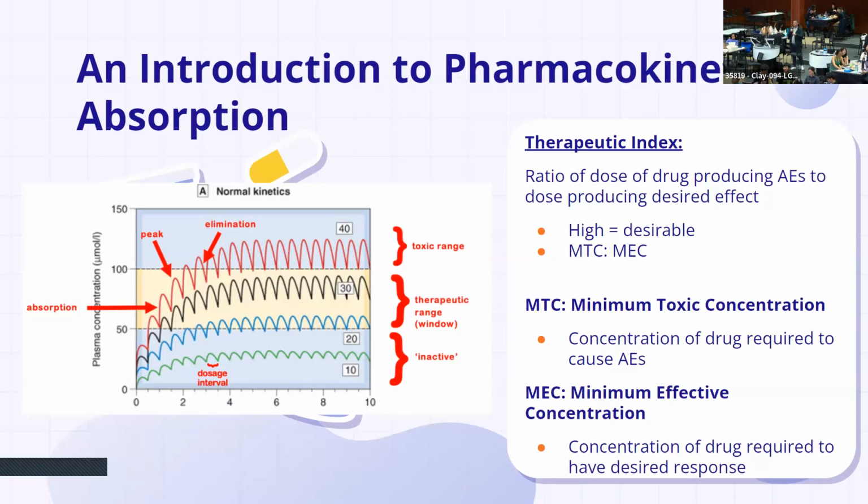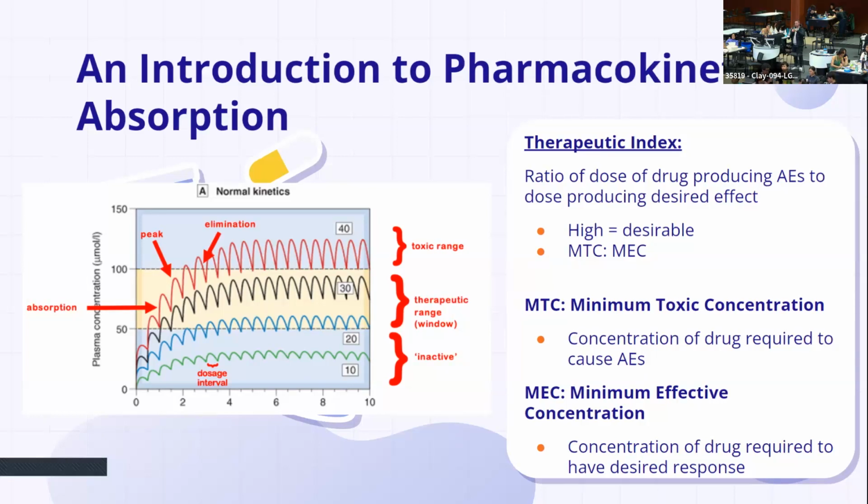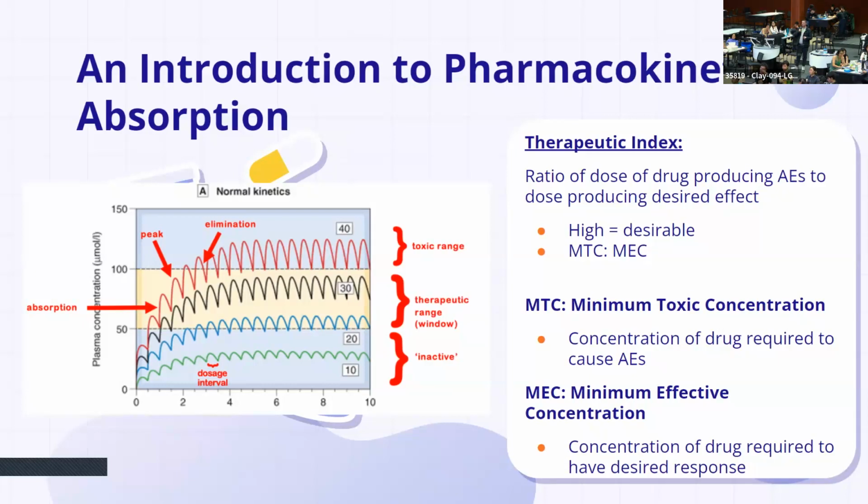Okay, the image on the left is also taken from your lectures. We've got our therapeutic index, which is the ratio of the dose of a drug producing adverse effects, whenever I say AEs, it's just adverse effects, to the dose producing the desired effect. In the image, we've got the therapeutic range, which is in between the minimum toxic concentration, the concentration that's going to produce adverse effects, and usually they're going to be serious adverse effects, because any drug is going to have minor side effects.